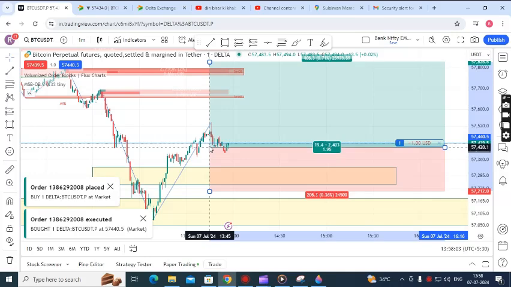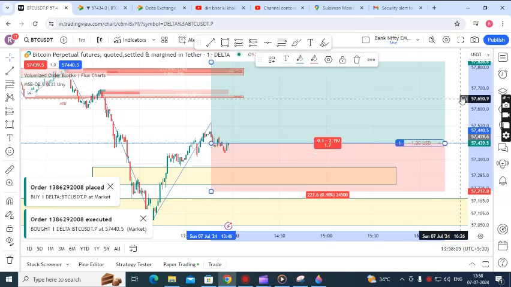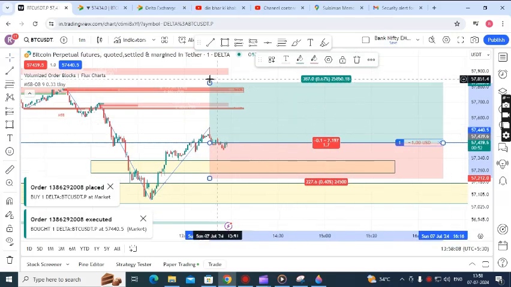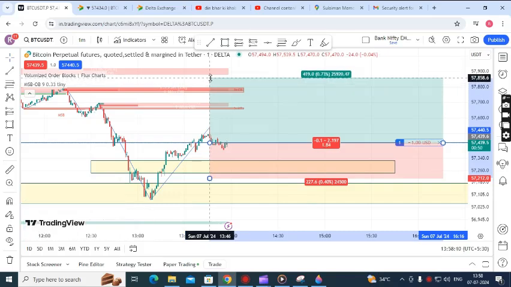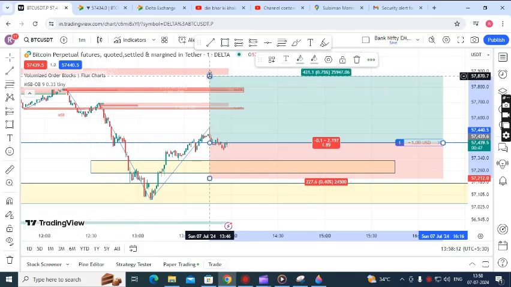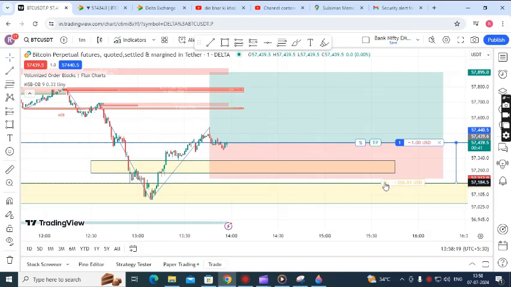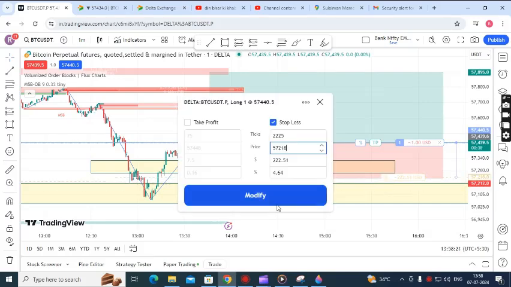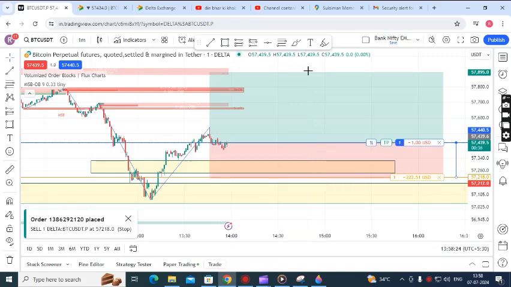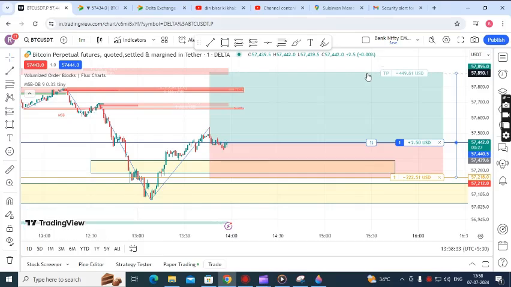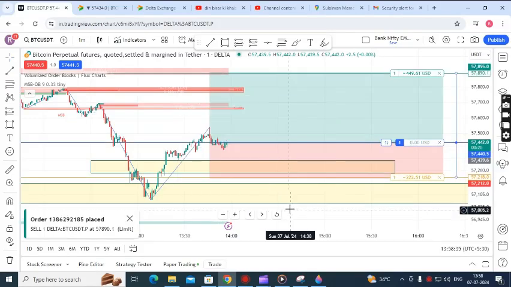So we will just change our 1:2 ratio. So this will be our 1:2 target. Stop loss below this fair value gap. So it will be $220 stop loss, as it is a very big value. One BTC trade we have taken, and if it is a profit, it will be $449 of profit.